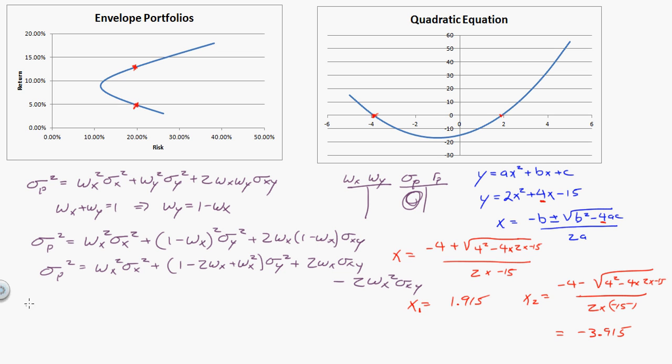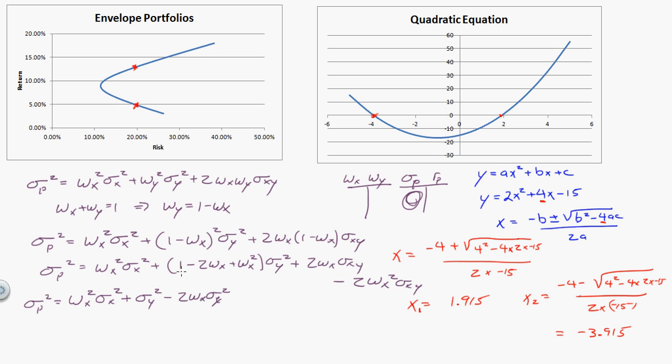So sigma p squared is equal to wx squared sigma x squared plus sigma y squared minus 2wx sigma y squared.